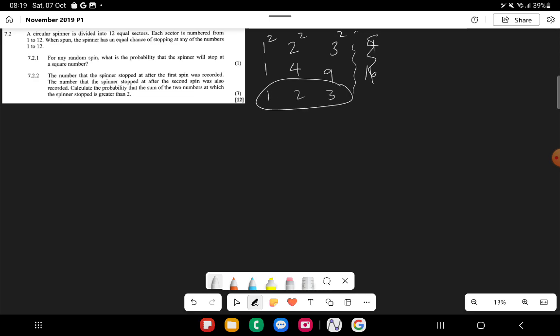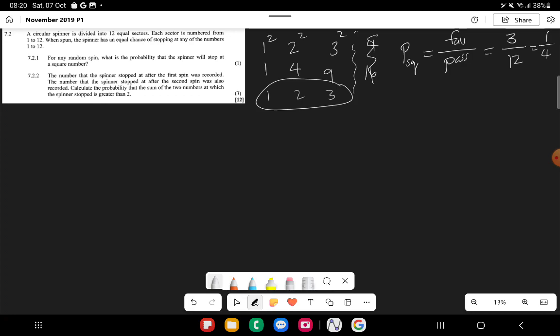The probability of landing on a square number is equal to favorable over all possible. There are 3 favorable options and 12 possible numbers, simplified as 1 over 4. That is your final answer.